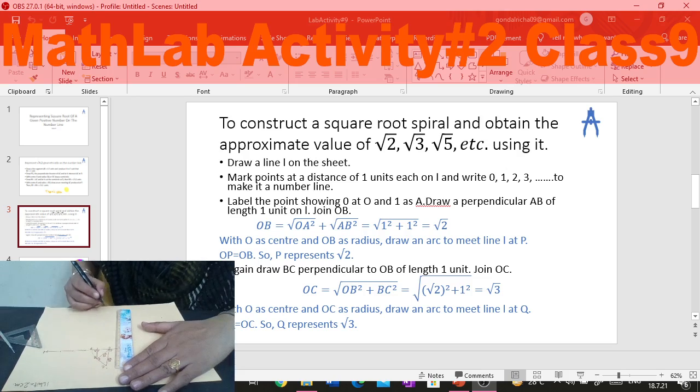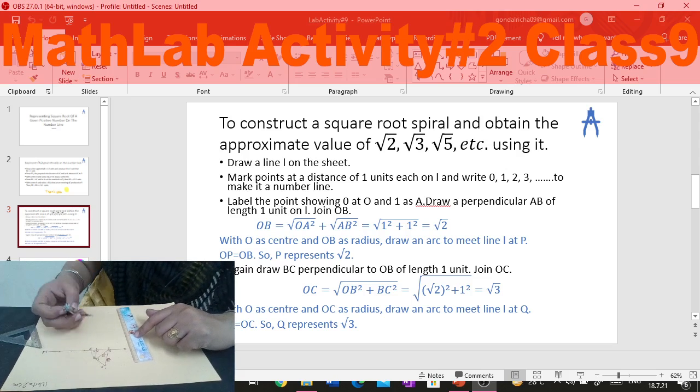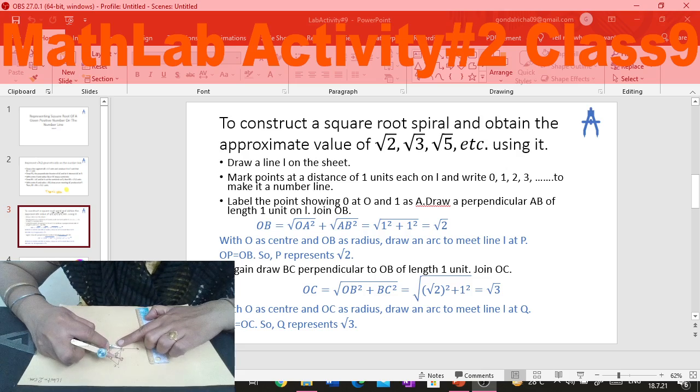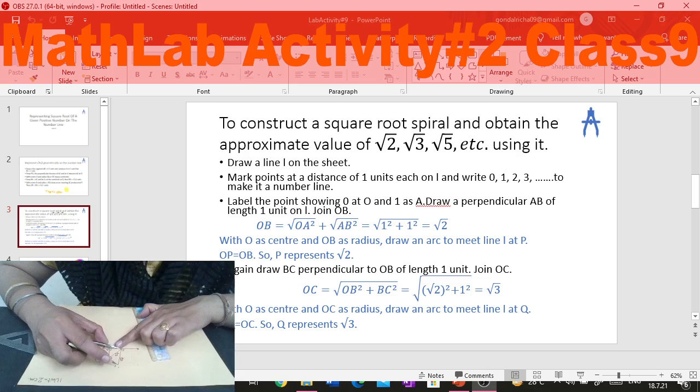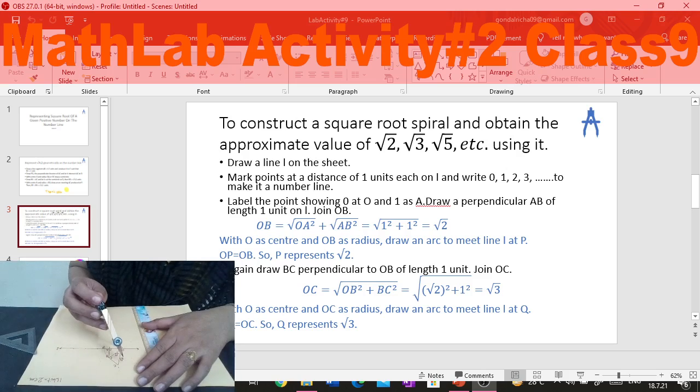Okay. Now I will again take my compass, and with O as center and OC as my radius, I will draw an arc to intersect line L at another point.